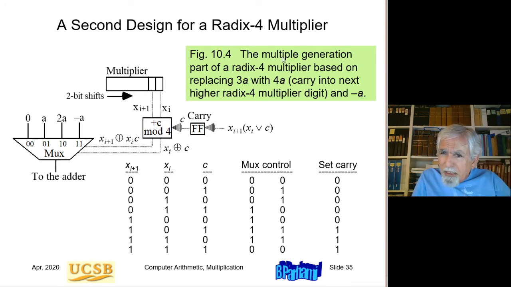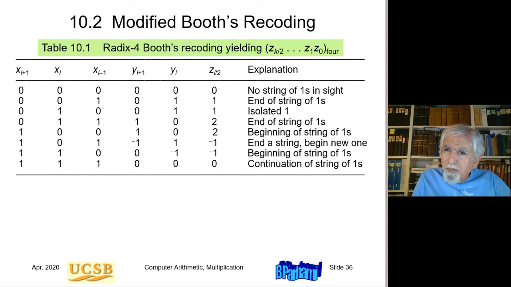So given xi plus 1, xi, and the carry from the previous cycle, c, this truth table tells me what inputs should be given to the mux and whether the carry should be set for the next cycle. I'll leave it up to you to study this table and convince yourself that it's correct.